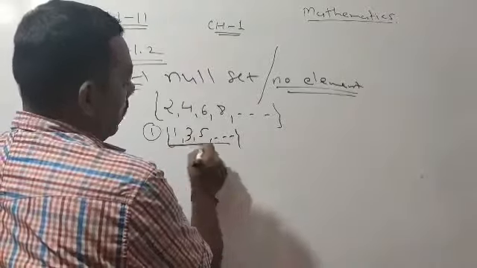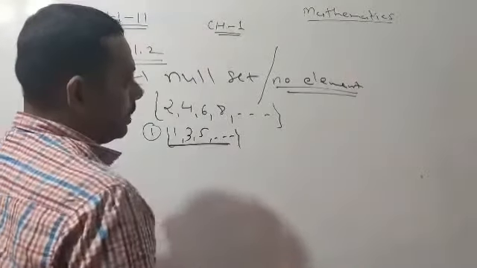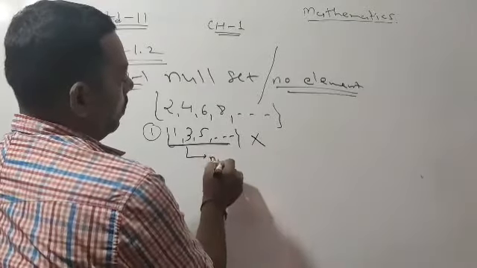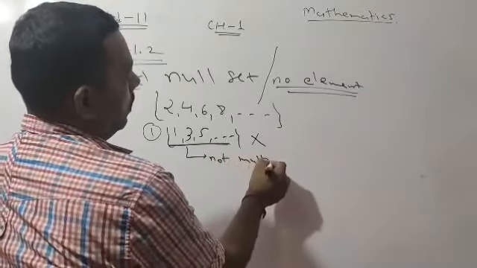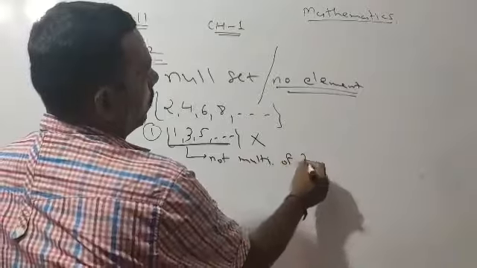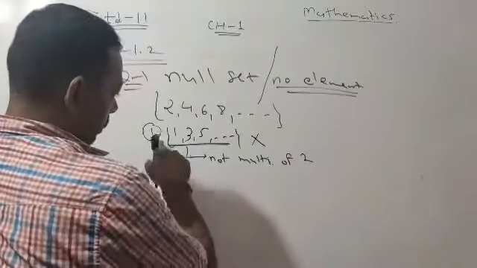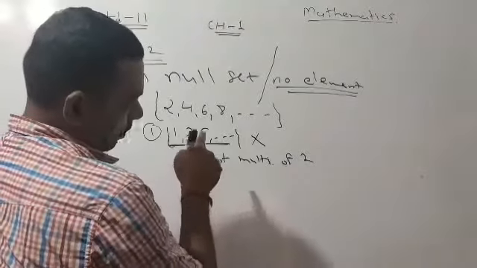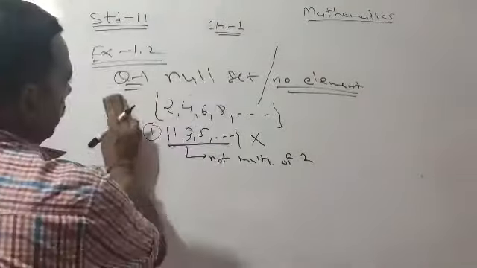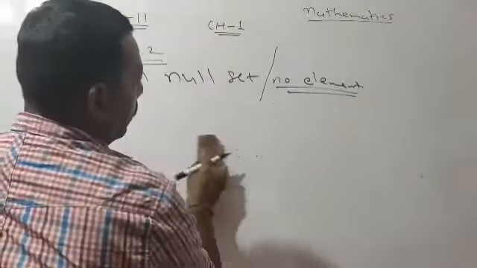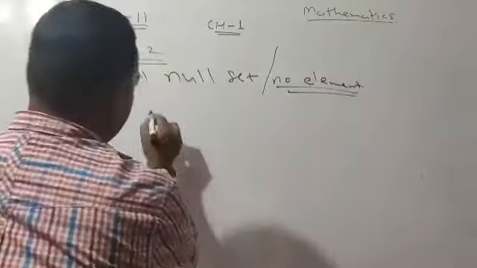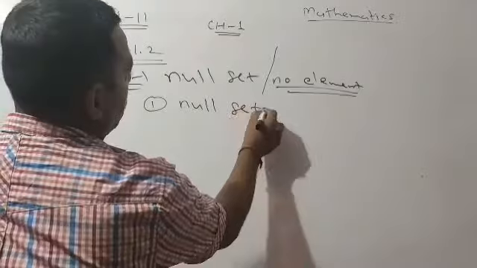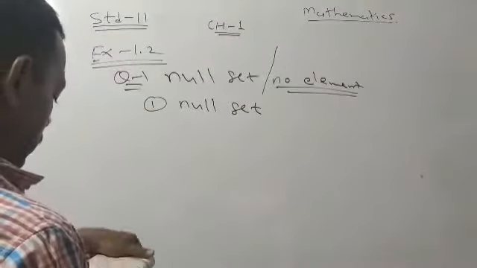Is there any number which is divisible by 2? Definitely no, because they are not multiples of 2. Hence, this set does not contain any element which is divisible by 2. So, the answer for the first question is null set, right? First one is null set because there is no element.